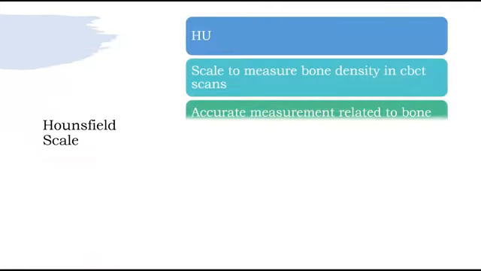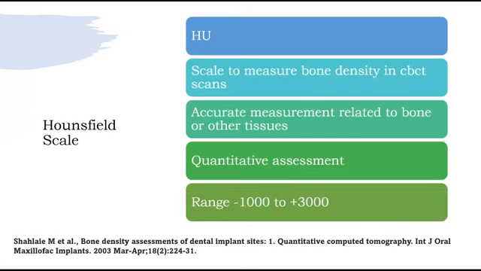A note on the Hounsfield scale before we proceed further. It is named after an English electrical engineer, Sir Godfrey Newbold Hounsfield, and is also referred to as the Hounsfield unit. It is a scale used to measure bone density in CBCT scans. It can accurately measure the density of a selected point, whether related to bone or other tissues.